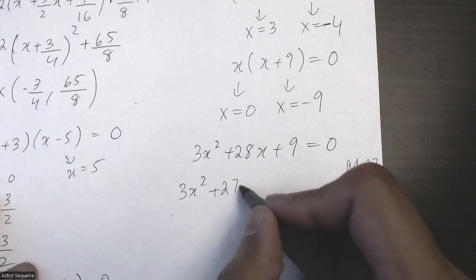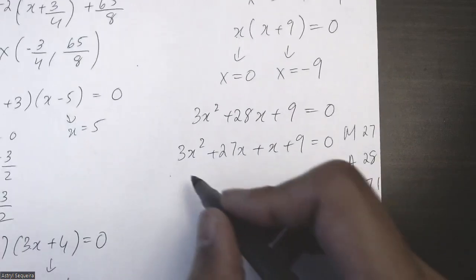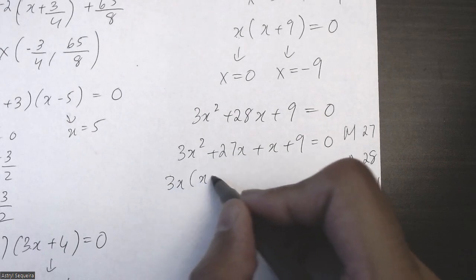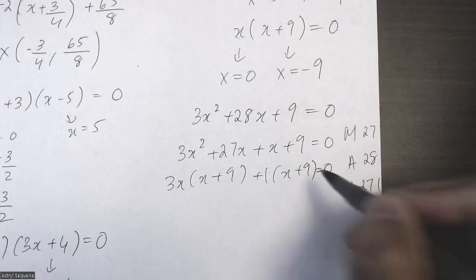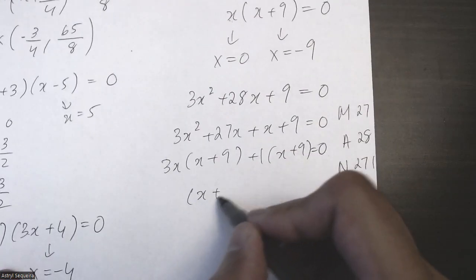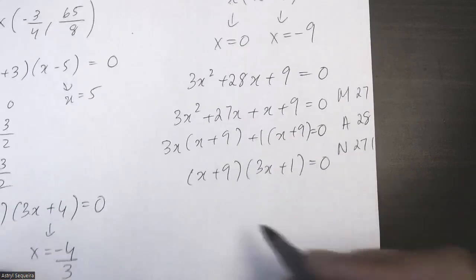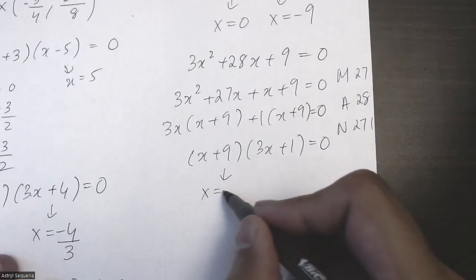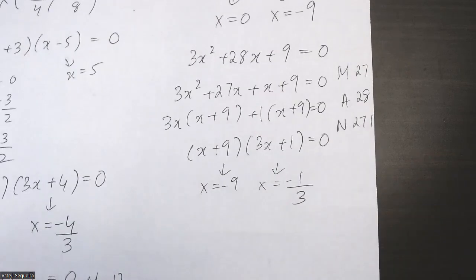So 3x² + 27x + x + 9 = 0. 3x(x + 9) + 1(x + 9) = 0. Then common factor out the x + 9. I'm left with 3x + 1 = 0. My two solutions are -9 and -1/3.